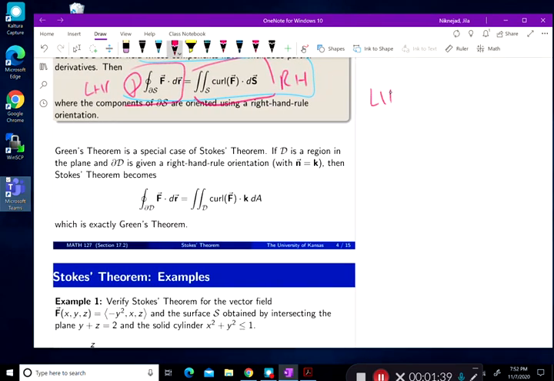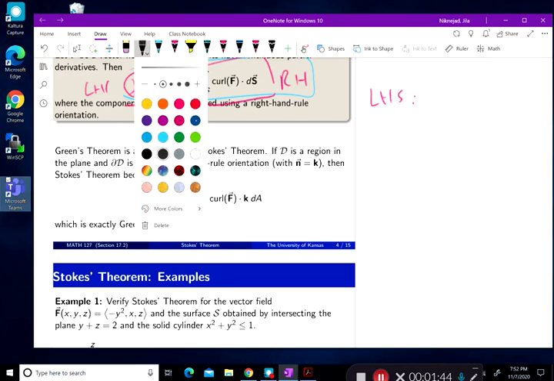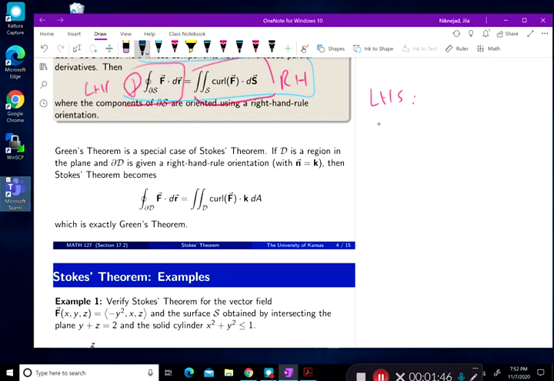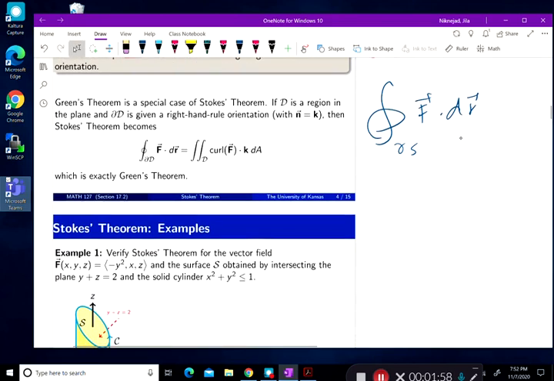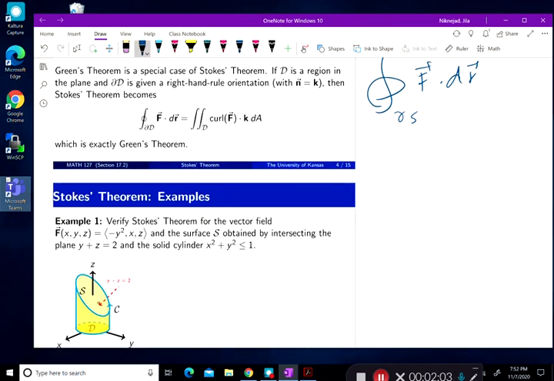So the left-hand side, we want to find the contour integral over the boundary of F · dr. What is the boundary? It is that oval shape that is the intersection of x² + y² = 1 and the plane y + z = 2.